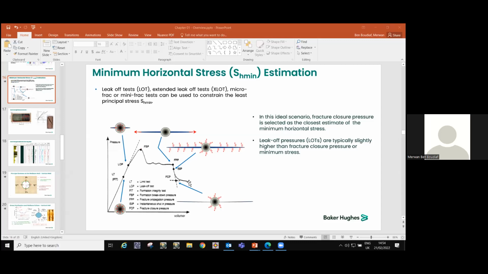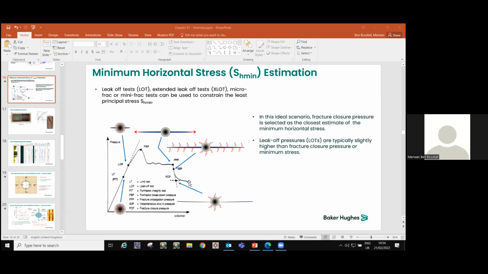This is one kind of application that we are providing. Also, in enhanced oil recovery within naturally fractured formations, as I mentioned, the permeability of the fractures is directly related to the geomechanics.